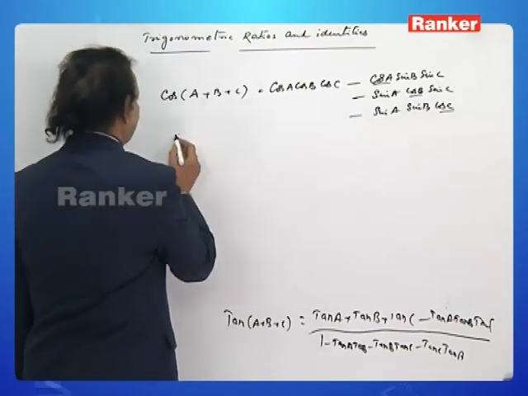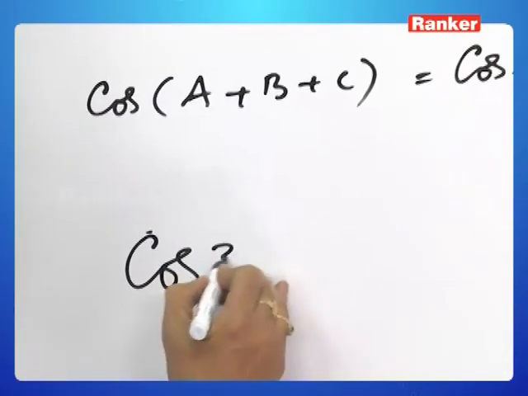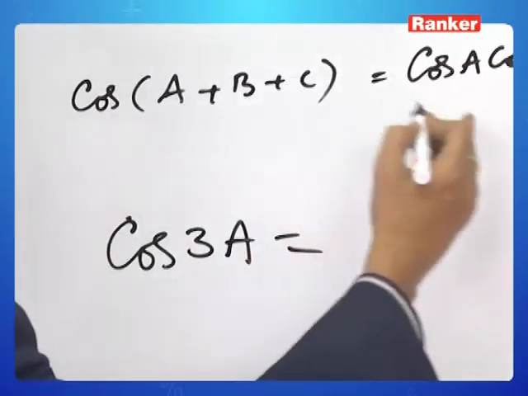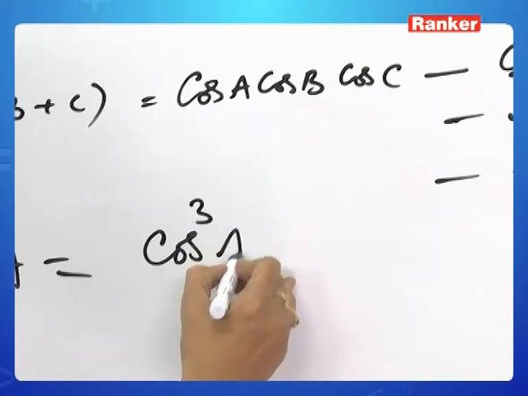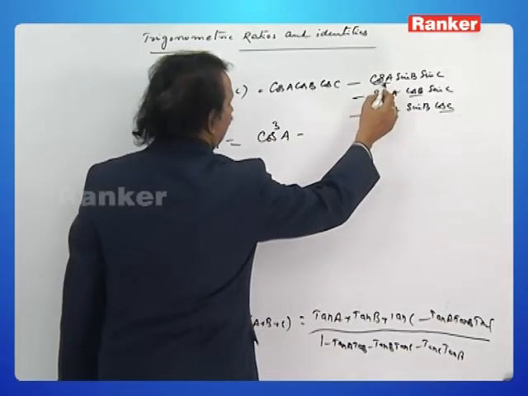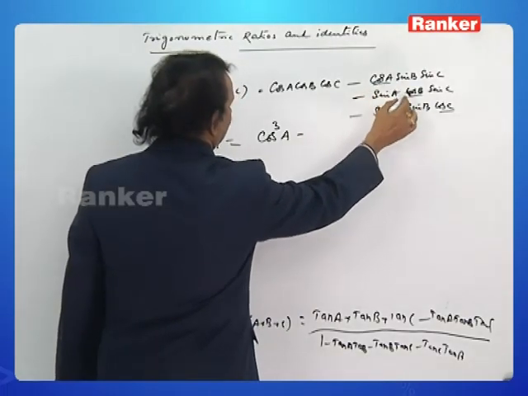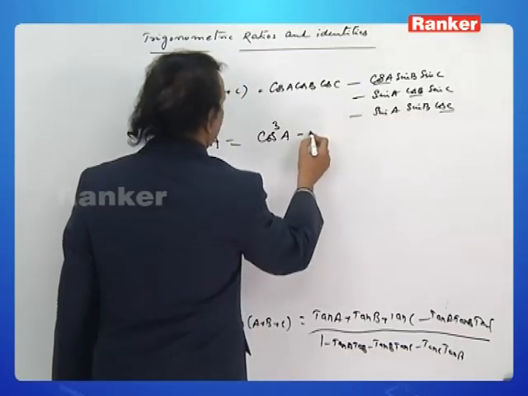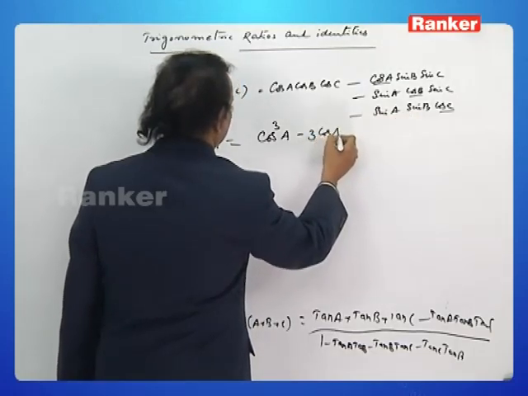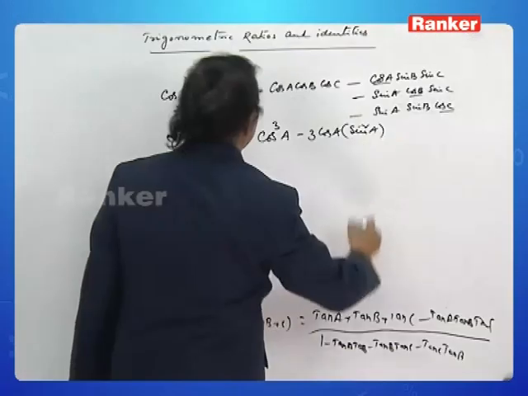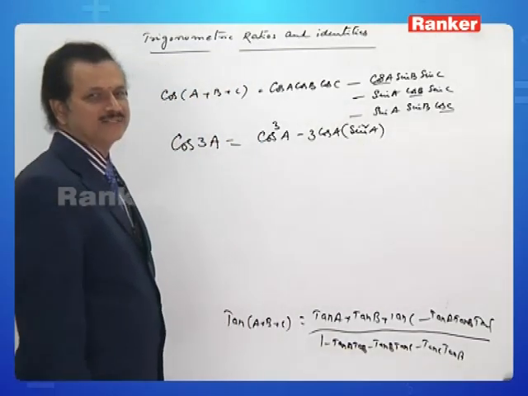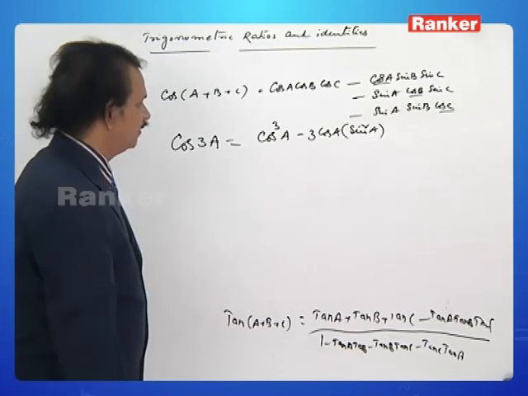Cos of A plus A plus A, cos 3A is equal to cos cube A minus cos A into sin square A, cos A into sin square A, cos A into sin square A, that is 3 cos A into sin square A. But you can write sin square A as 1 minus cos square A, isn't it?